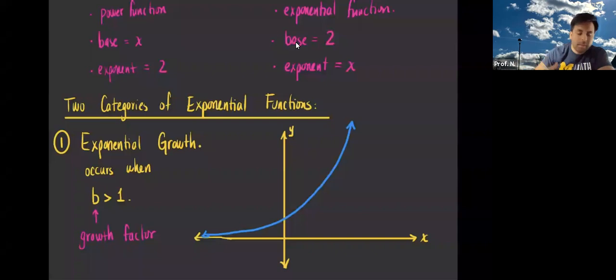And to the left, it gets really, really close to 0. This is just an example of a function. I'm going to call it b to the x, okay? The a value here is just 1, a equals 1. So if the a value equals 1, I start at 1 here. The y-intercept is 1.